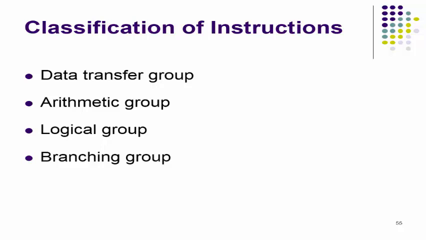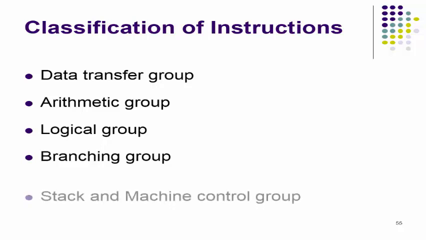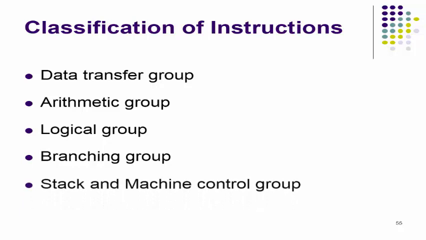Then, to change the program sequence or execution sequence, branching group of instructions are available. The last one is the stack and machine control group of instructions, which are related to the stack and machine control. We will see the classification and the instructions available in detail, one by one.